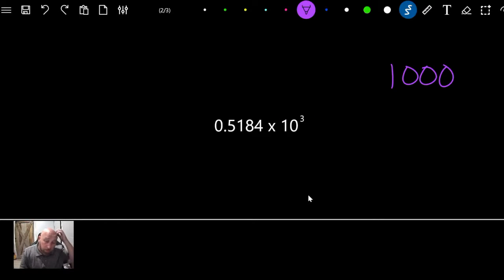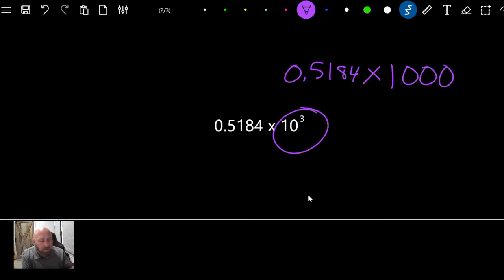Okay, so now what we want to do is we want to go ahead and say, okay, so this is 0.5184 times 1,000, not times 10 to the third. Because 10 cubed, it's a little bit harder to see these 3 zeros. And maybe you can see them right there and you can do it without writing out 1,000.